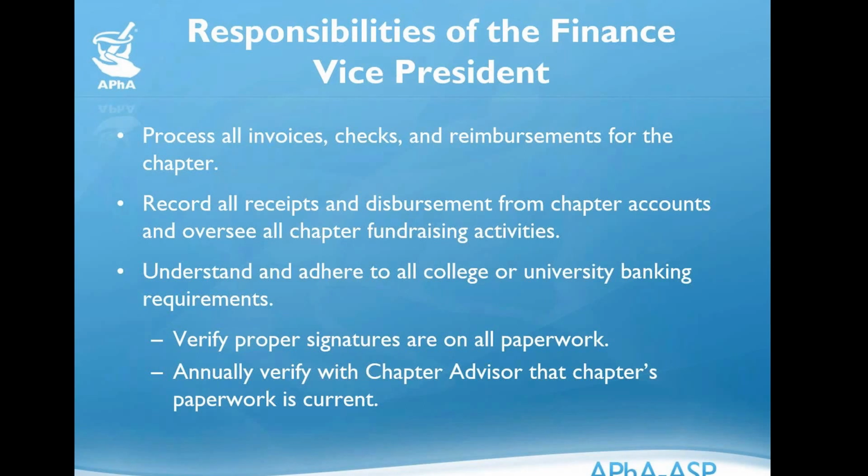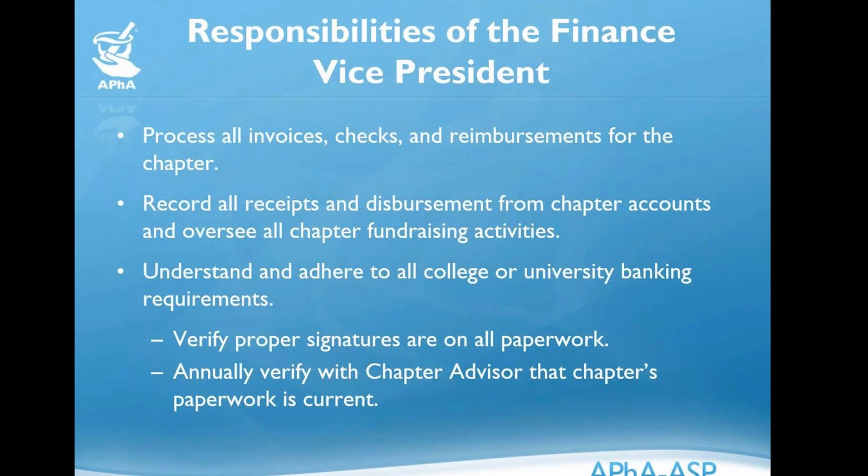They could be a great asset for you to make sure that you understand the banking requirements of the school. In doing so, you're going to verify that all the proper signatures are on all the paperwork, whether that be your signature or the chapter advisor's signature. And annually, before the semester starts, please check with your chapter advisor to make sure that your paperwork is current with your college or university.